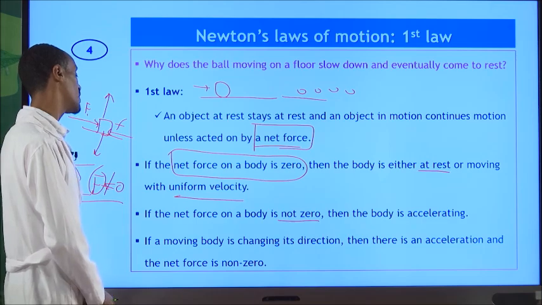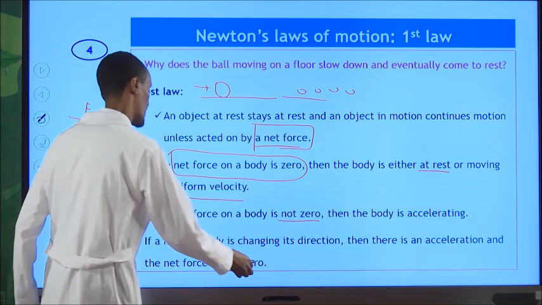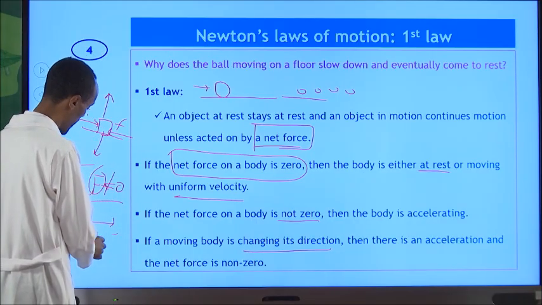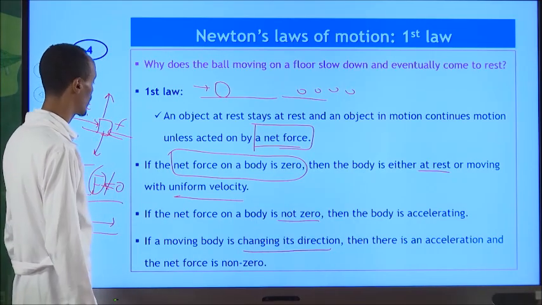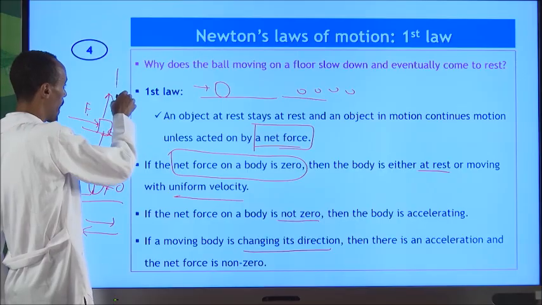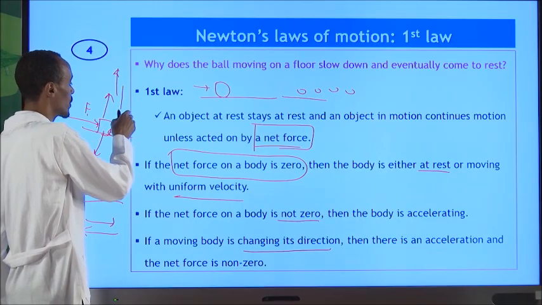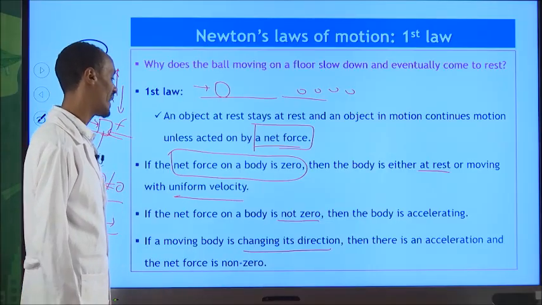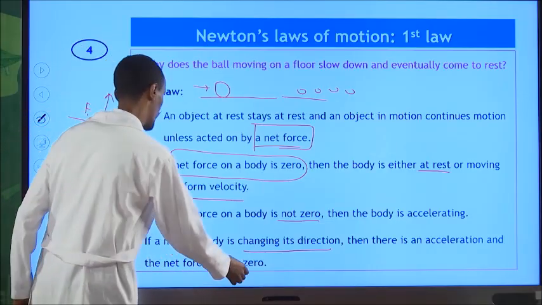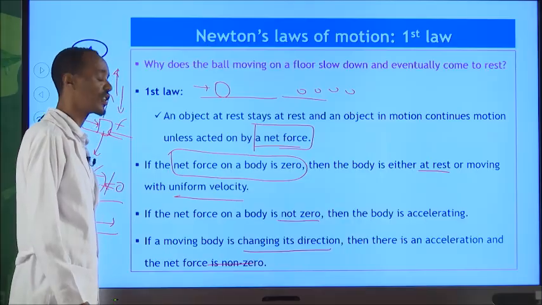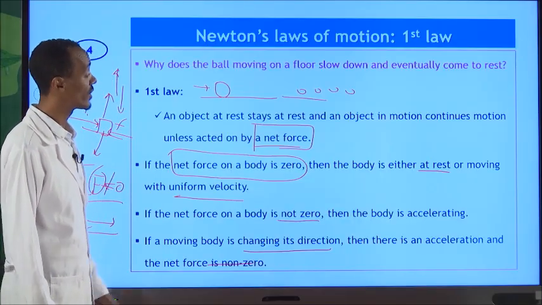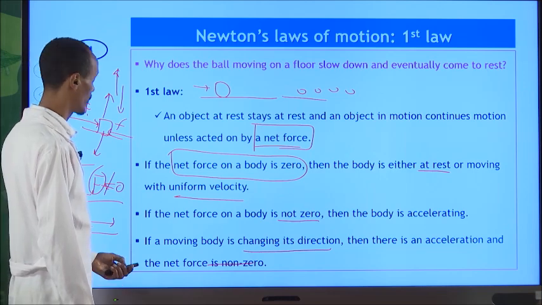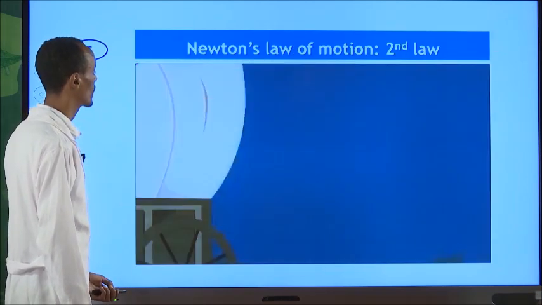If the body is changing its direction, the one which is moving to the right may change its direction of motion to the left, or the one which is moving upward may change its direction to move downward, then we can say there is an acceleration and the net force is non-zero. If there is acceleration, there is a net force. This is Newton's first law of motion.